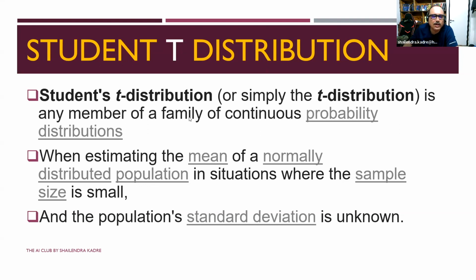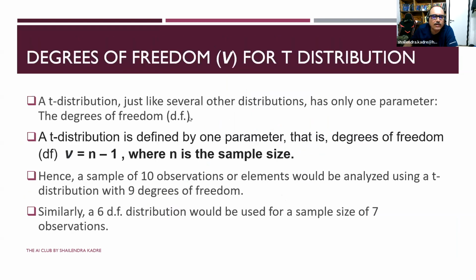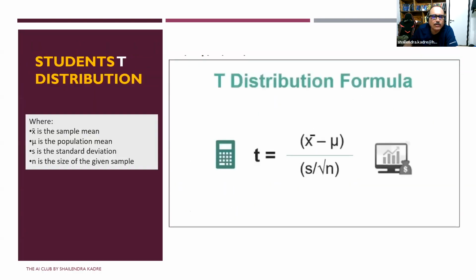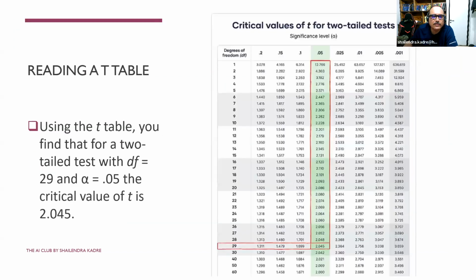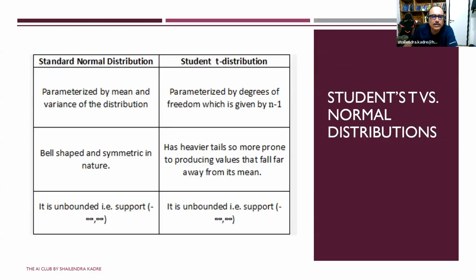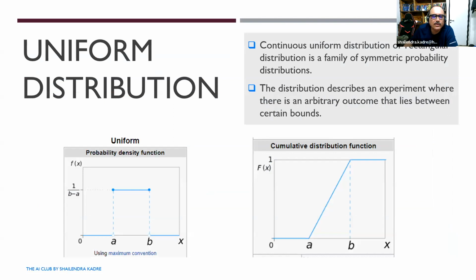So after student T, we have one more. Then we have uniform distribution. So two more distributions are there, student T distribution and uniform. Uniform, as you can see, is very simple. It's a simple straight line.